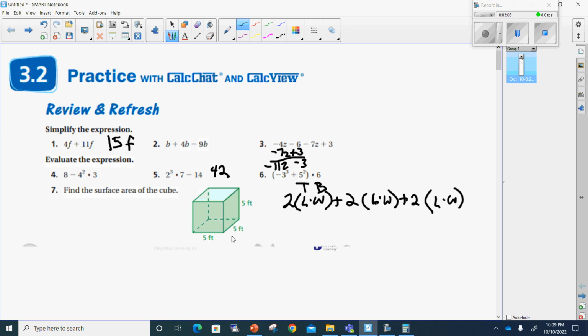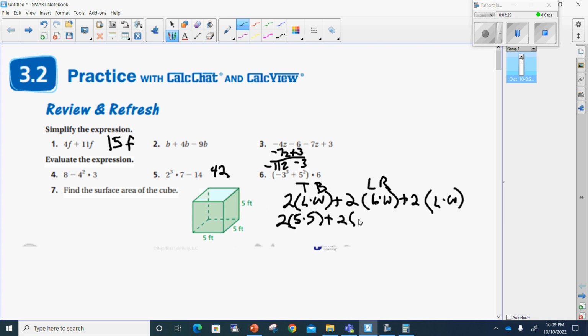The top and bottom are going to be 5 by 5. So this is 2 times 5 times 5. And add that to 2 times, well, this is going to be the left and the right. So this is 5 by 5.